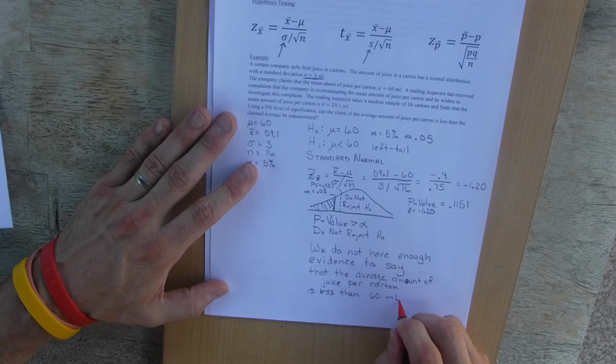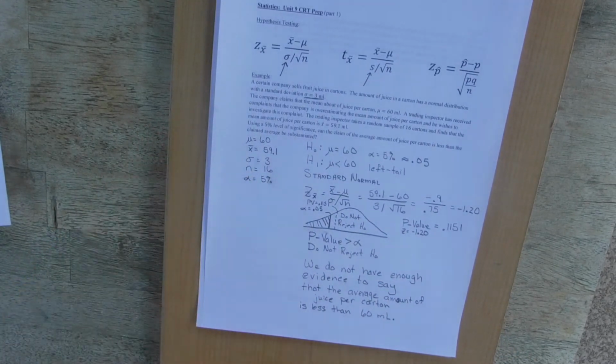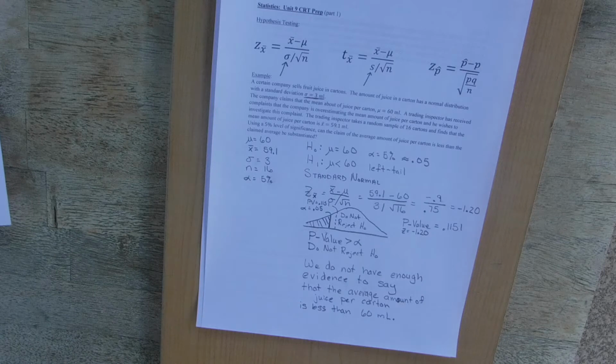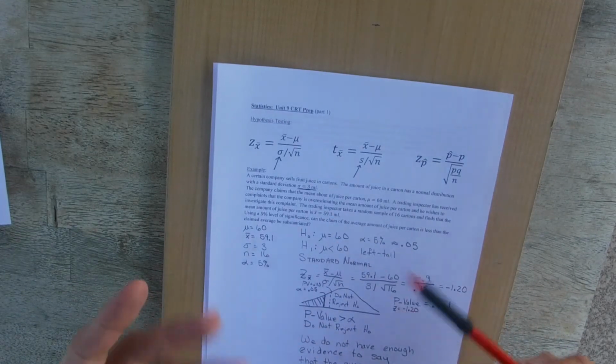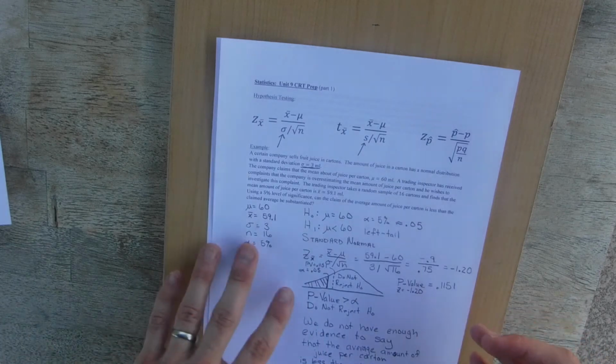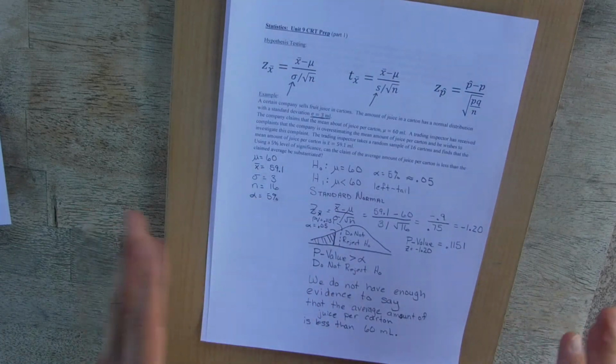And that's milliliters. So just read it once just to make sure you don't sound like a yahoo. We do not have enough evidence to say that the average amount of juice per carton is less than 60 milliliters. So I still think that is probably less. It's just we do not have enough evidence to say it right now.